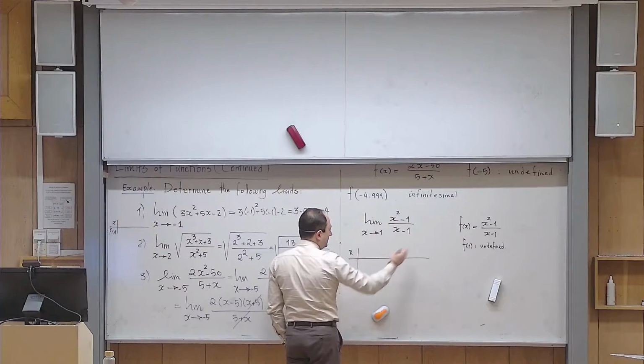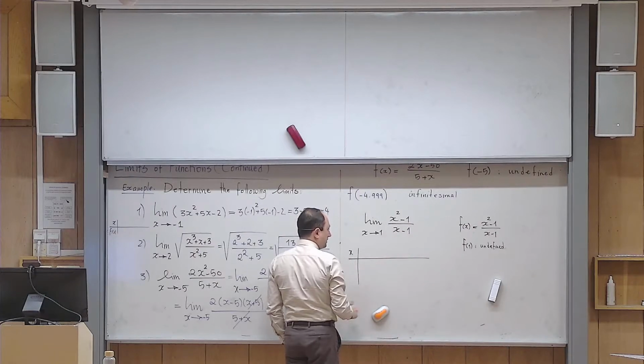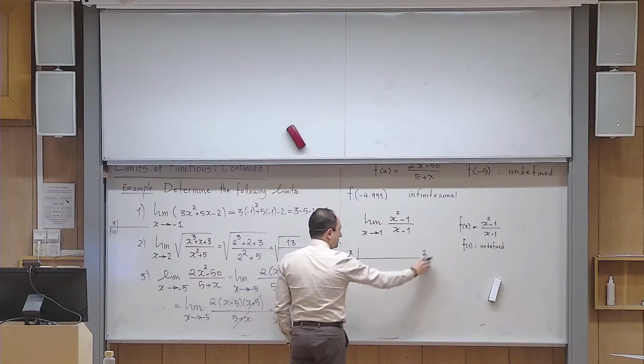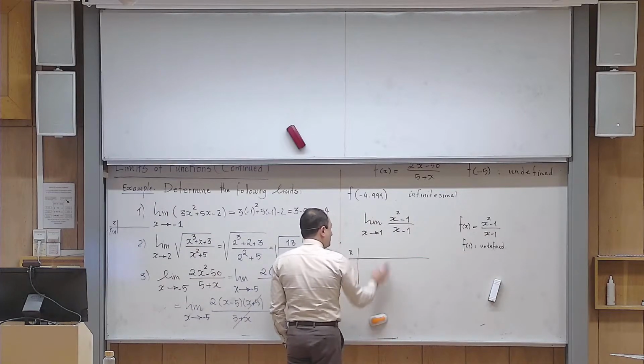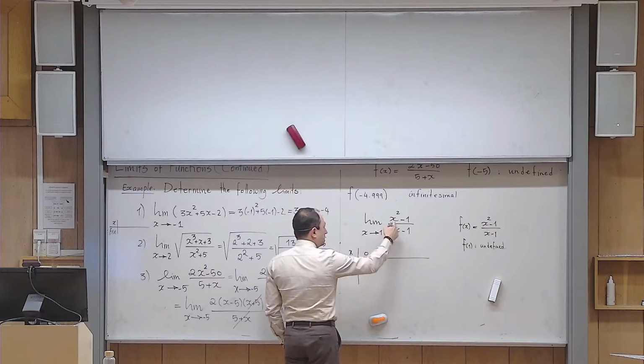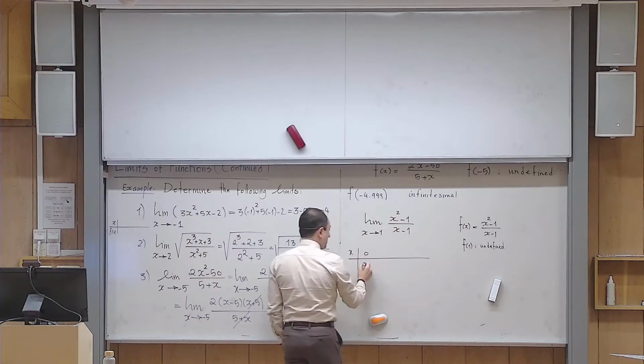For example, we have to decide which side we want to approach. Let us approach 1 from the right-hand side. Let me start from a smaller value, 0. If I put 0 in the function, it becomes 1.